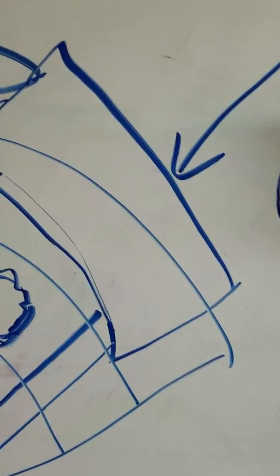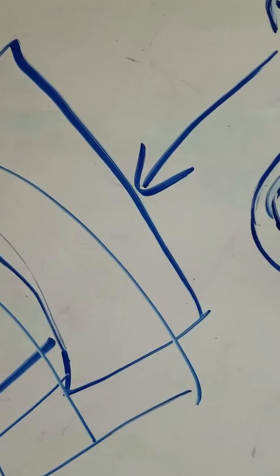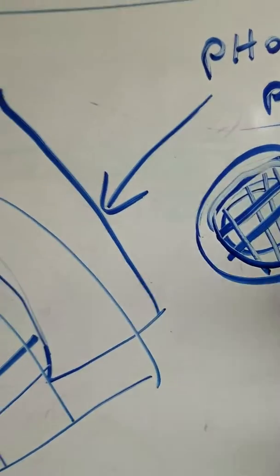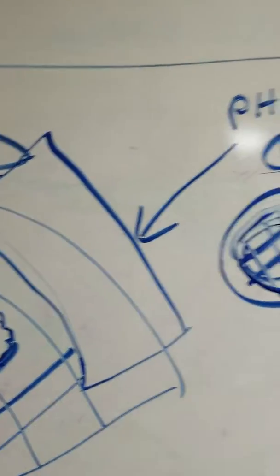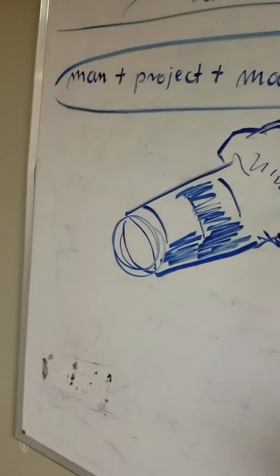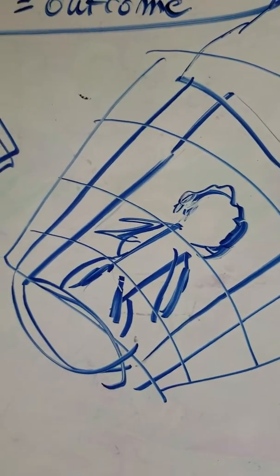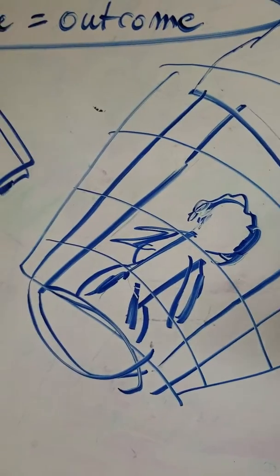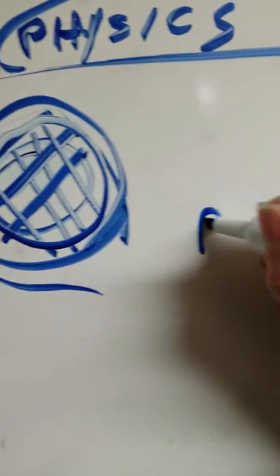Is that something to do with physics? It's changing some physics. Sorry, I think it's Y here. Changing some physics on a cell. This machinery is basically projecting. It's a projection.